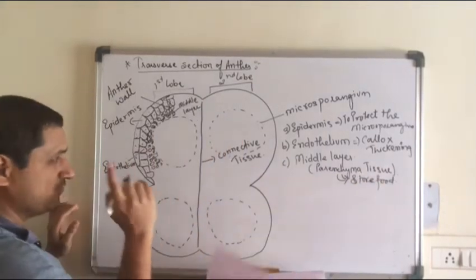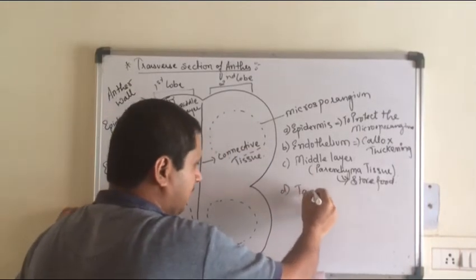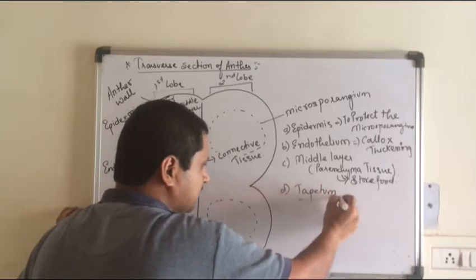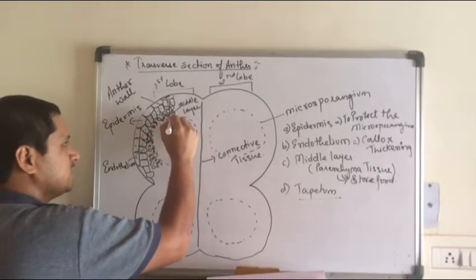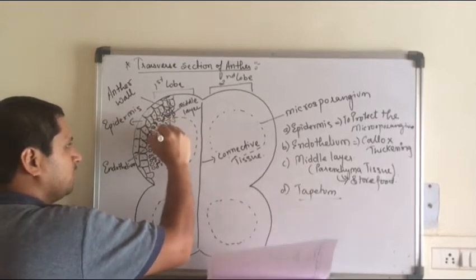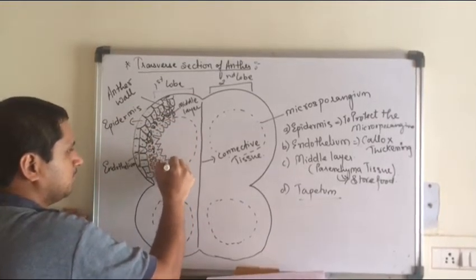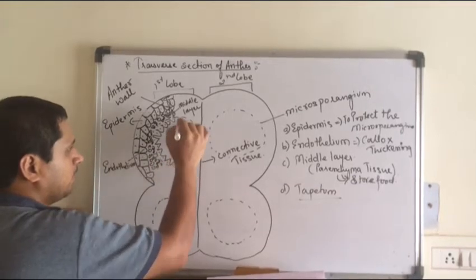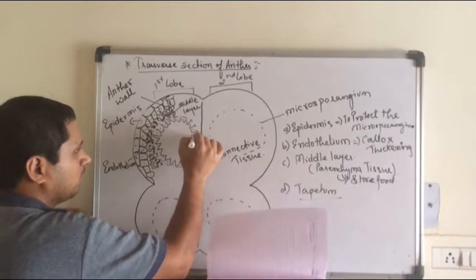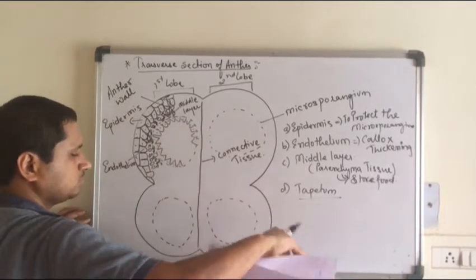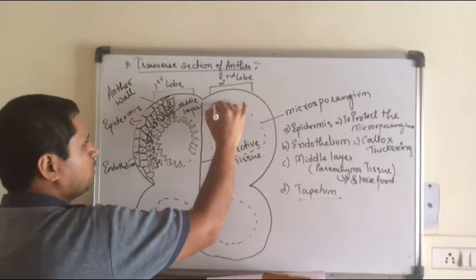And the fourth one is known as the tapetum. This is a very important layer, children. The tapetum is arranged inside, like this, in the form of inverted triangles, as you can see, children. So these are the tapetum.